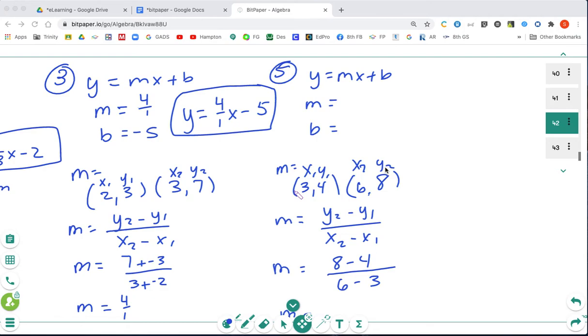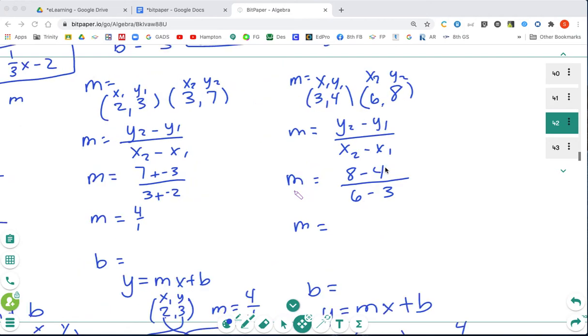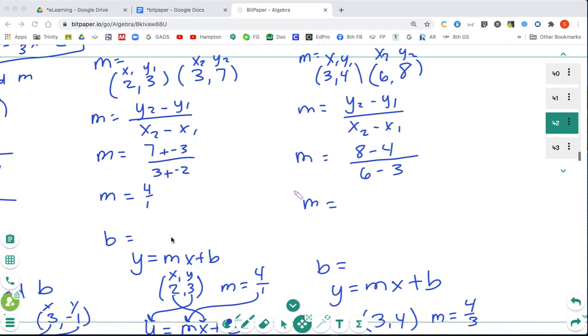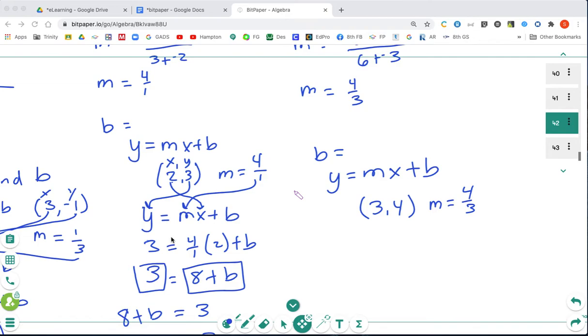After I write my formula, y2 minus y1 over x2 minus x1, 8 minus 4, and then 6 minus 3. I'm going to go ahead and do my keep, change, change, and keep, change, change. So my slope is going to be 4/3.